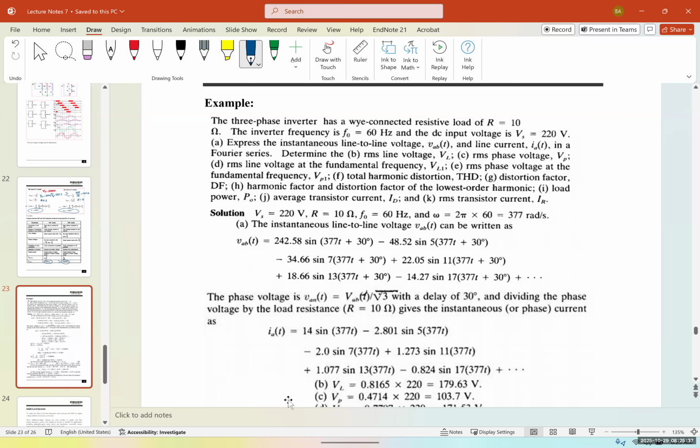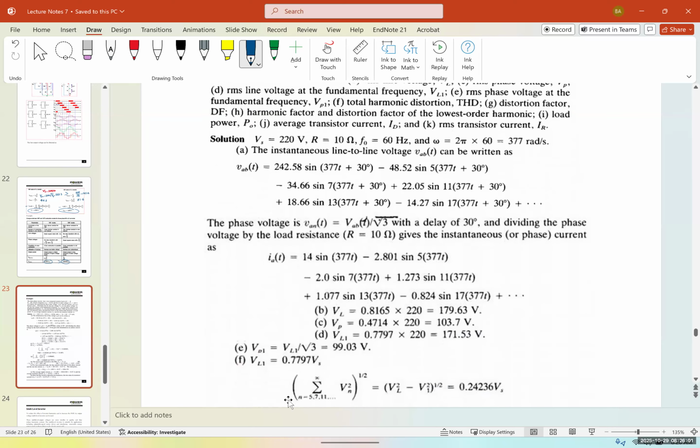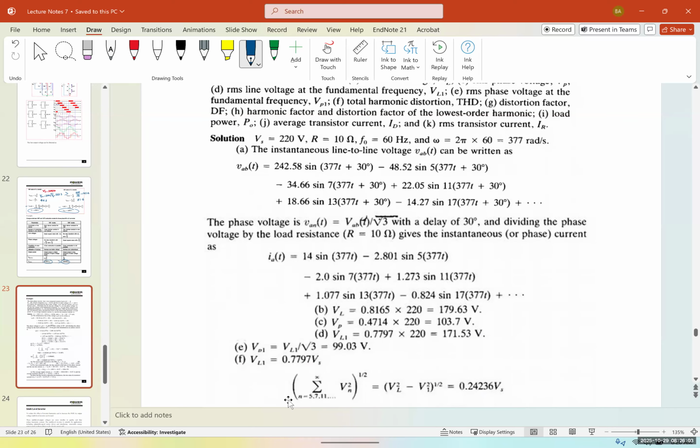The phase voltage, as we know, is going to be the line voltage over square root of 3, because this is a Y connection, or a star connection, as sometimes they say, with a delay of 30 degrees. Therefore, we just subtract that phase from it, and the amplitude is divided by square root of 3. This gives us the current.